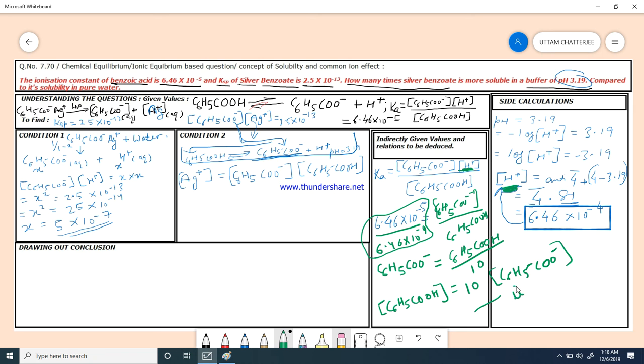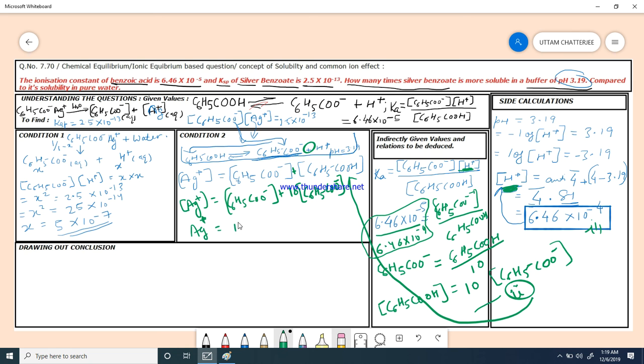We can use this equation here. There was a plus sign here which we missed out, so this plus sign should be here. So the concentration of Ag plus will be equal to C6H5COO minus plus 10 into C6H5COO minus. So Ag plus will be equal to 11 into C6H5COO minus.